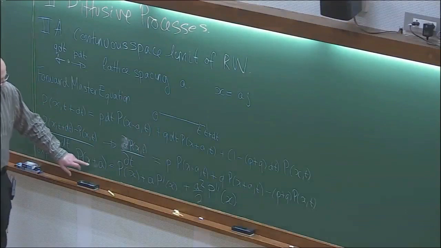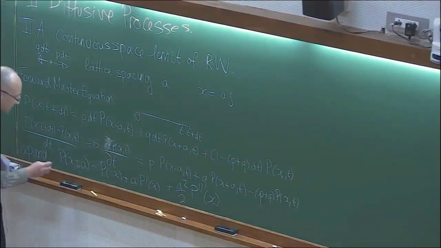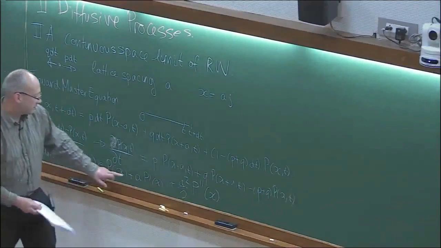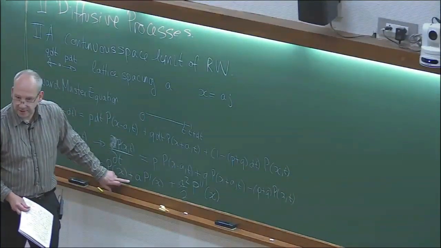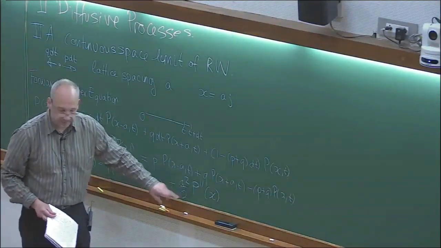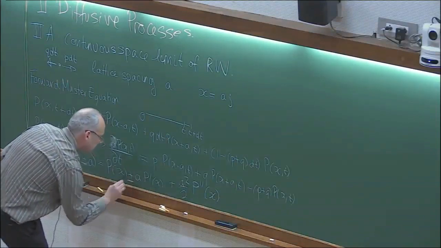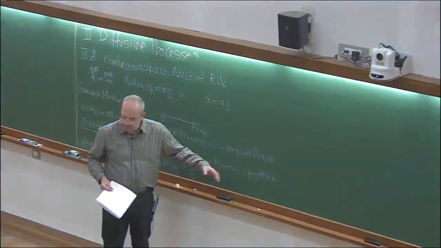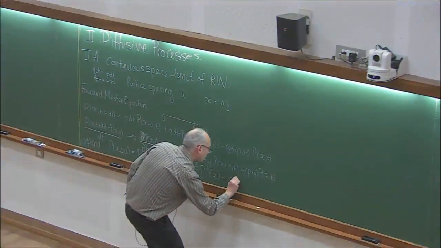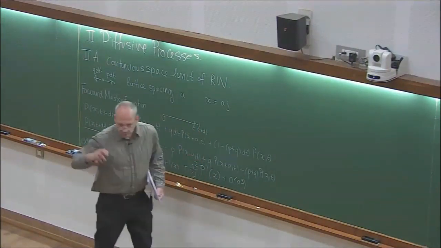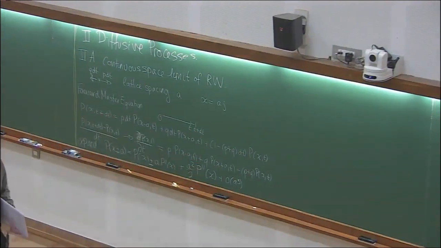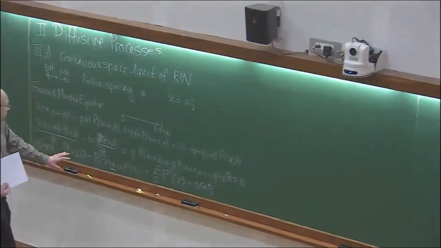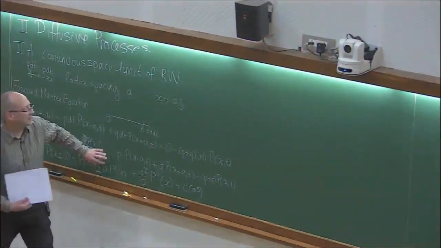And similarly, if I have P of x minus a there, then the only difference is this term will be minus a P dash of x. This term will be the same. That's what I mean by the plus or minus. Hopefully you can read that. And then I'm just going to keep terms, so it's plus order a cubed, and as we'll see, I just need terms up to second order. So let me put this in here and see what I get.